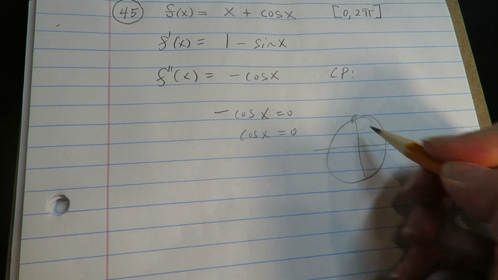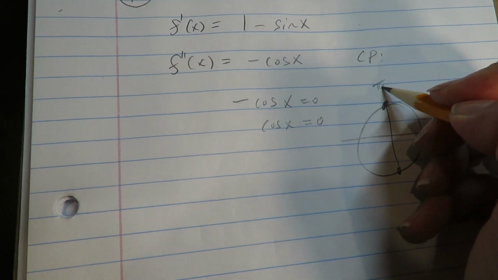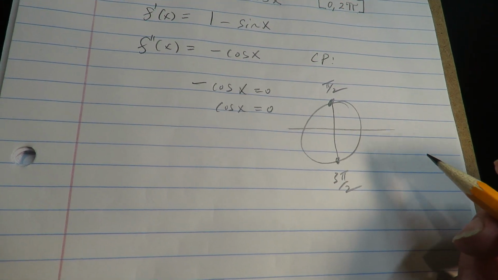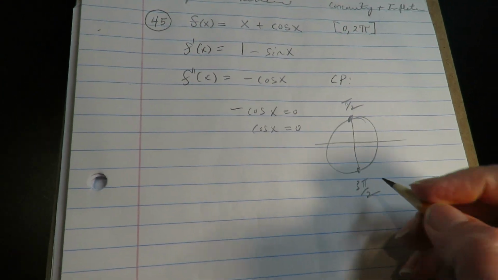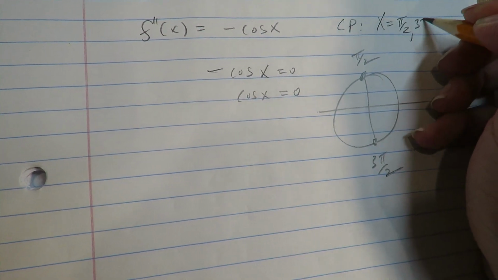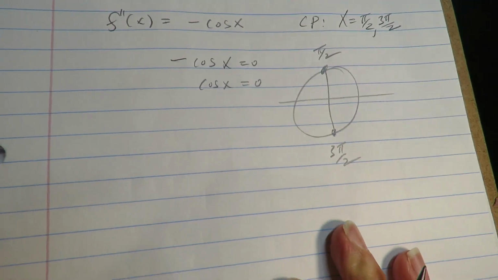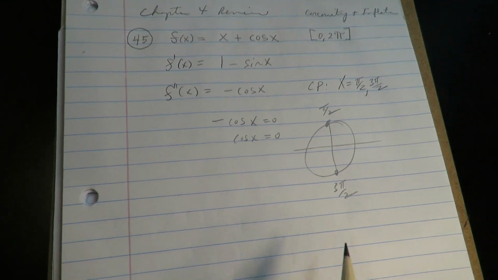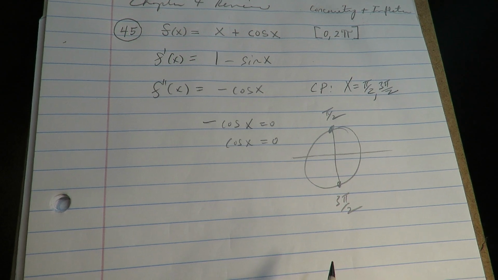Cosine is equal to 0 on one revolution at pi over 2 and 3 pi over 2 according to the unit circle. So x is pi over 2 and 3 pi over 2. You guys should have learned the unit circle in pre-calc. I can try to dig up that video if somebody needs it.